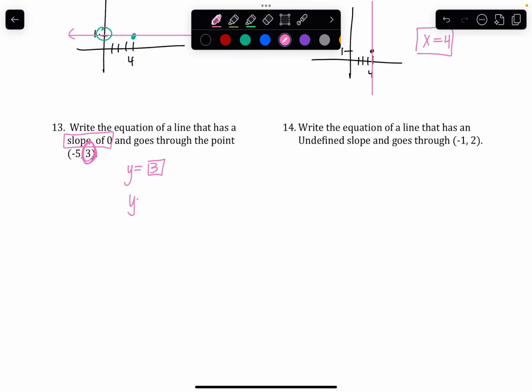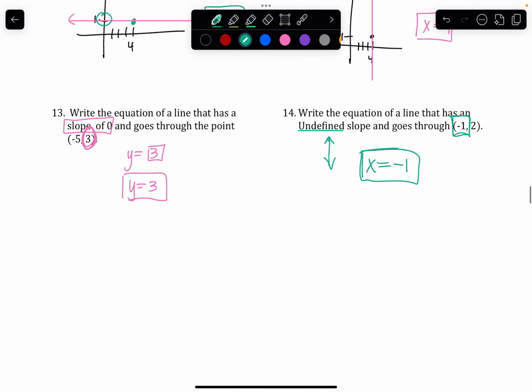So I know this equation is going to be y equals 3. Okay, undefined slope, I know is going to cross the x-axis, so it's going to be x equals, and I can steal the x coordinate for my answer. So that's a shortcut if you don't want to sketch it. Of course, I love sketching it, so either method works.